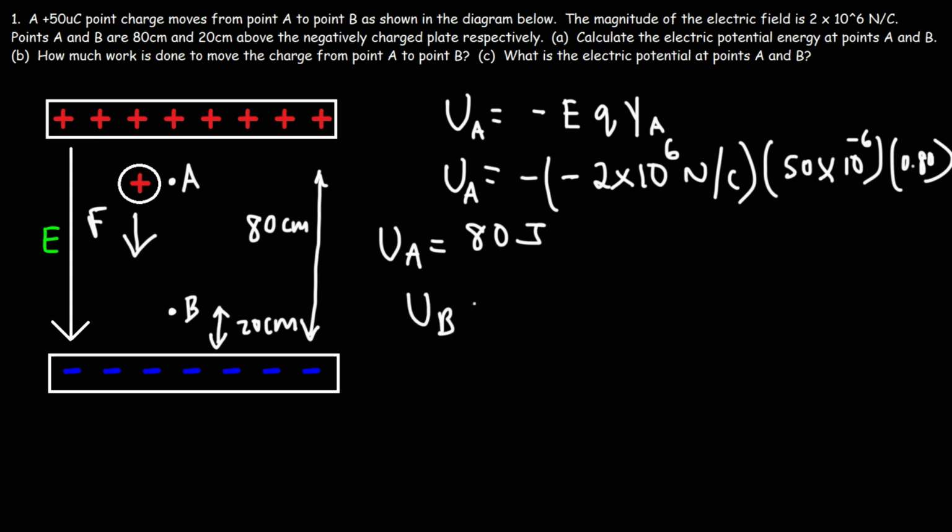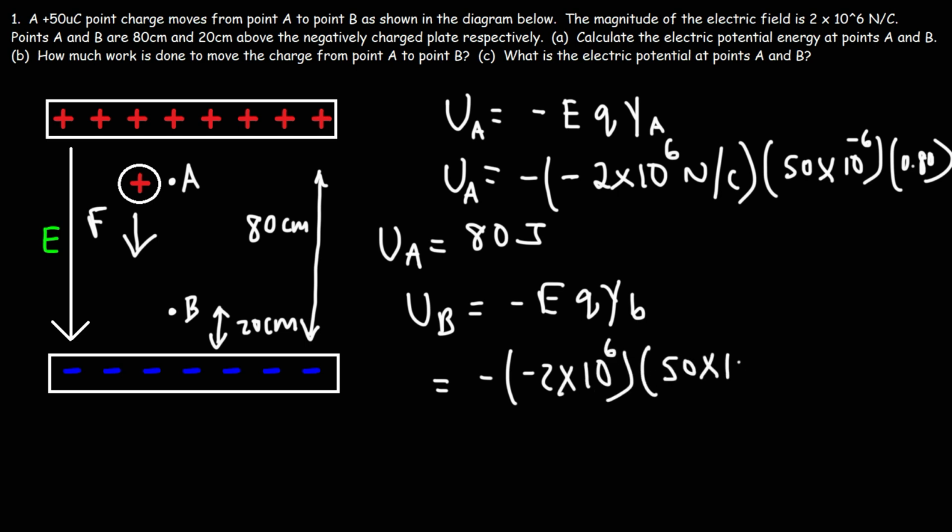Now let's calculate it at point B. So it's going to be negative times negative 2 times 10 to the 6, and then 50 times 10 to the negative 6, but this time times 0.20.